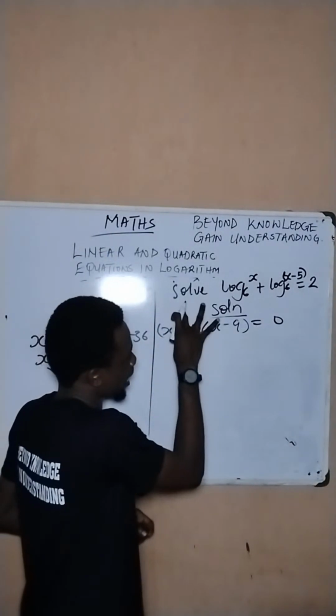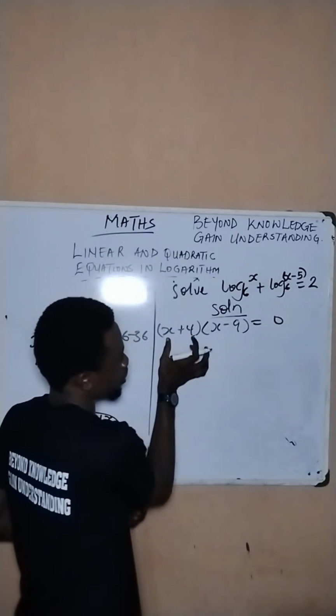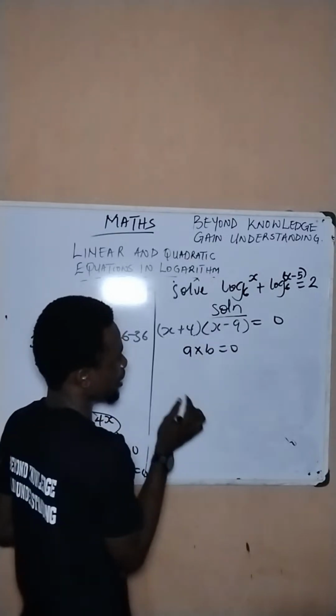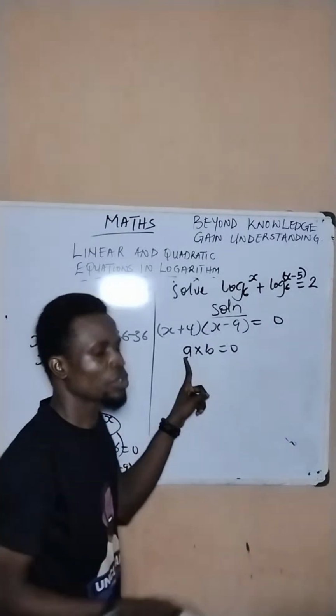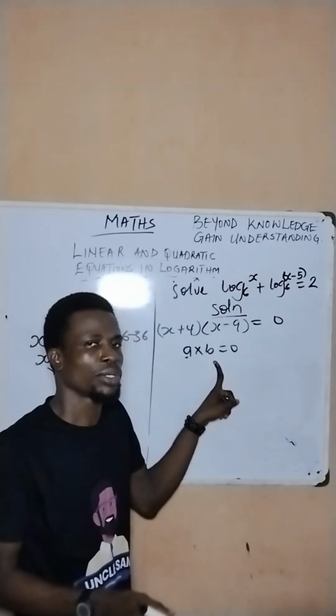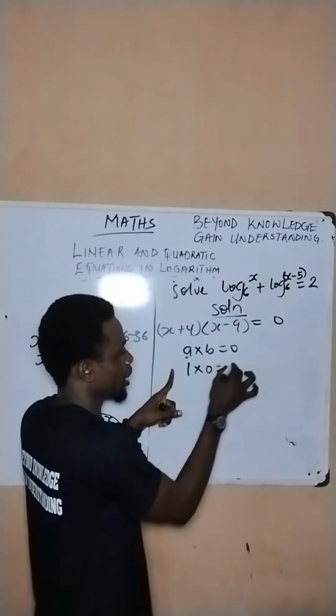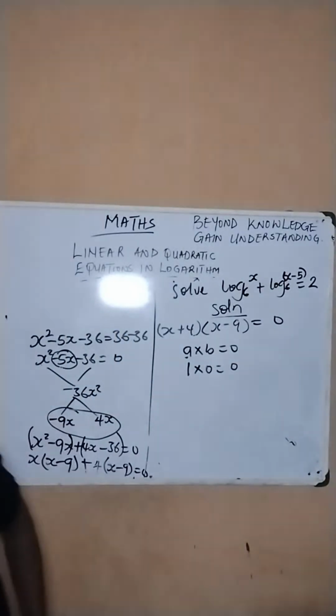It's either this side is equal to 0, or here is equal to 0. If a times b equals 0, it simply means that a is 0 or b is 0. So if a is equal to, let's say, 1, and b is equal to 0, that will still give me 0. So that's the basic idea.